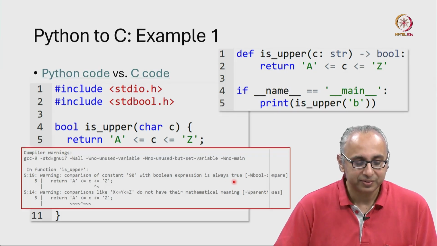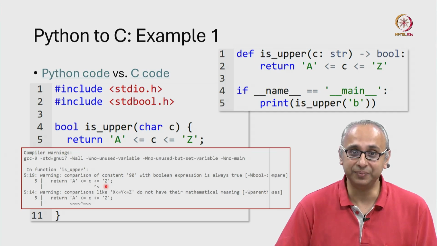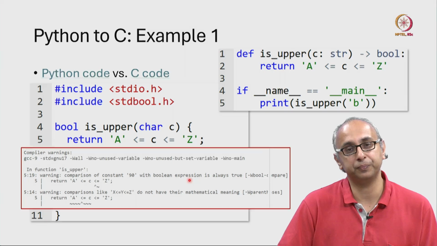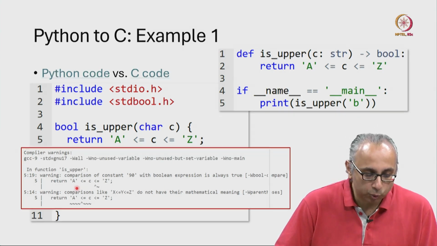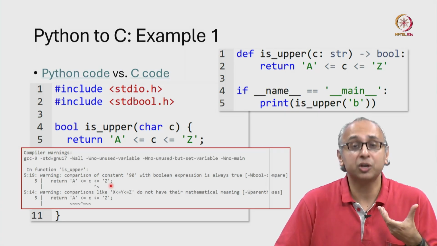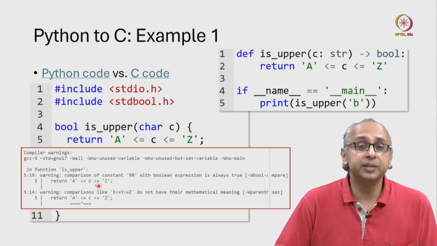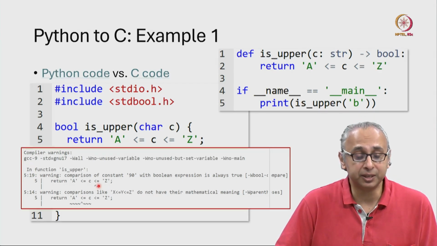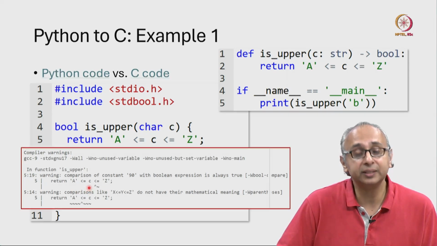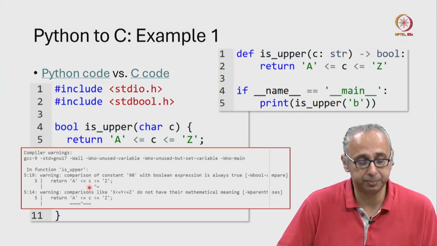Well, it turns out that the ordinal value of capital Z is 90. So now it's saying that it's comparing this 90 with a Boolean expression. What does that mean? Well, the way this is being evaluated in C, since this is a complex expression involving multiple operators, this expression is evaluated first by comparing the ordinal value of capital A with the ordinal value of the character that is given, the c parameter.